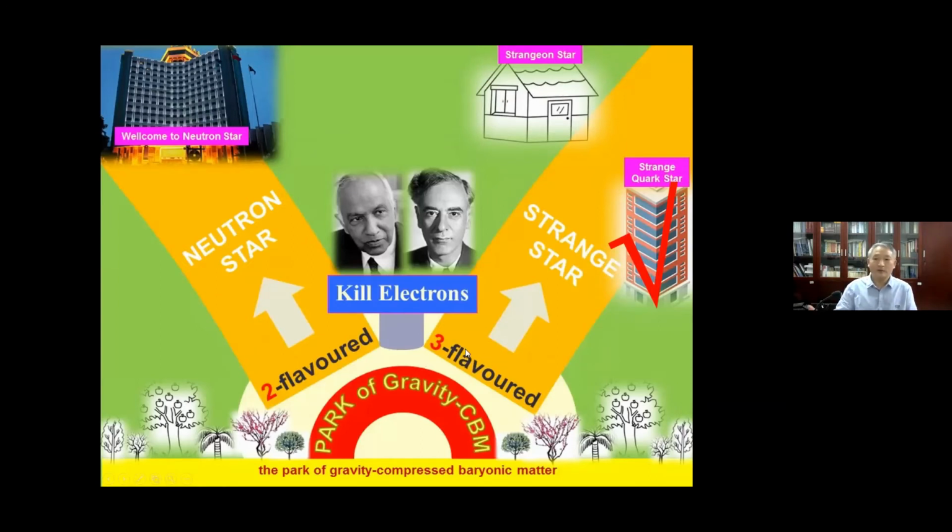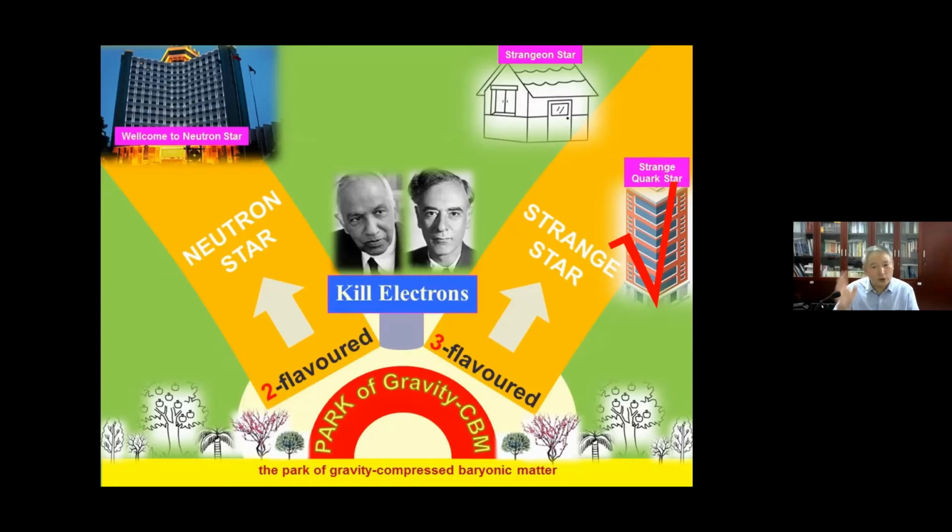You know, in the 1960s, the standard model of particle physics was developed, and we now know the quark flavors. The total number of quark flavors is not 2, but 6.